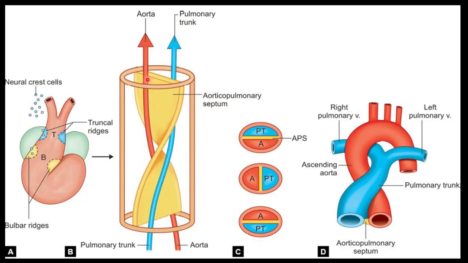Those two are accompanied by a ventricular septal defect, and because this pulmonary trunk is stenosed, the right ventricle will pump blood against high pressure, so it will undergo hypertrophy. So those four, that tetrad, is the classical feature of the tetralogy of Fallot.